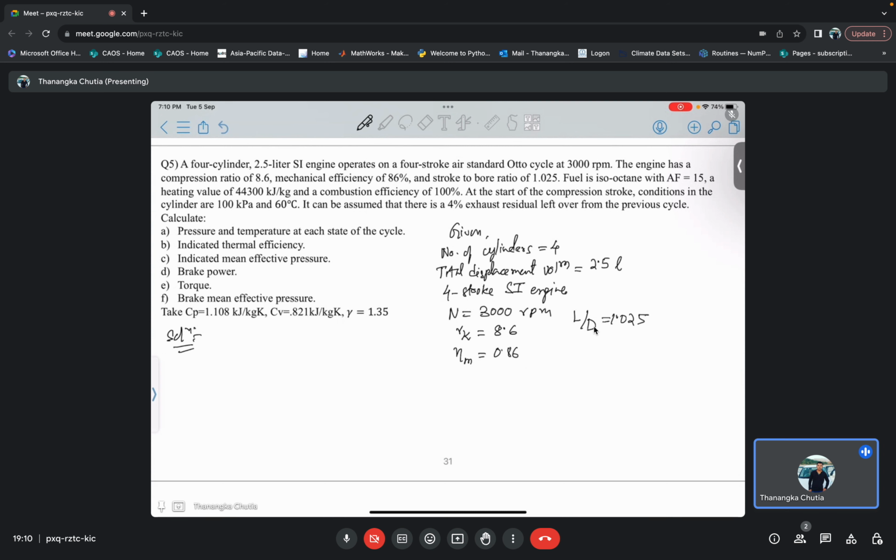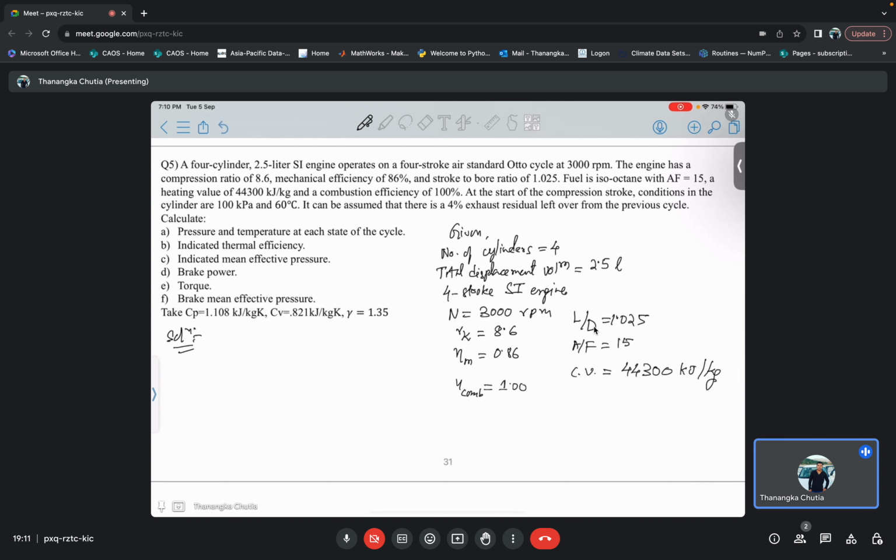And air fuel ratio is given to you as 15. Calorific value of the fuel is given to you as 44,300 kilojoule per kg. And eta combustion is given to you as 100%, that is 1.00.